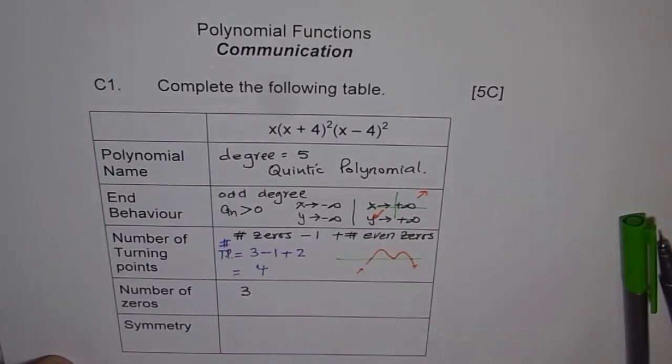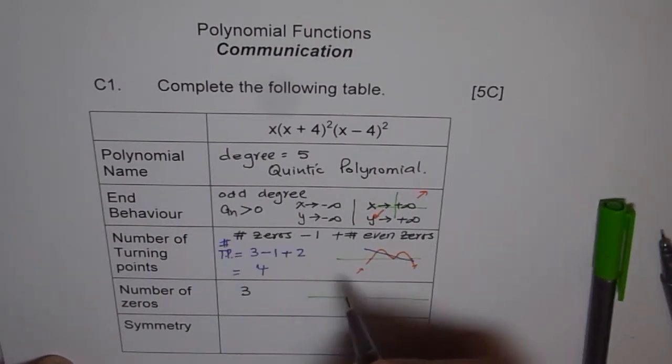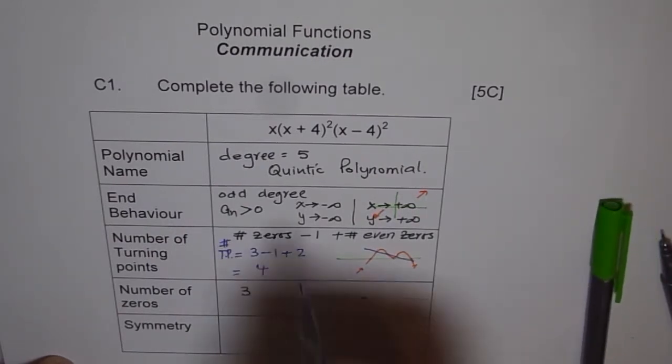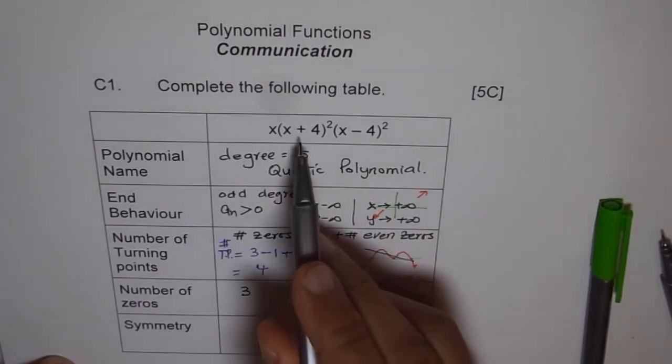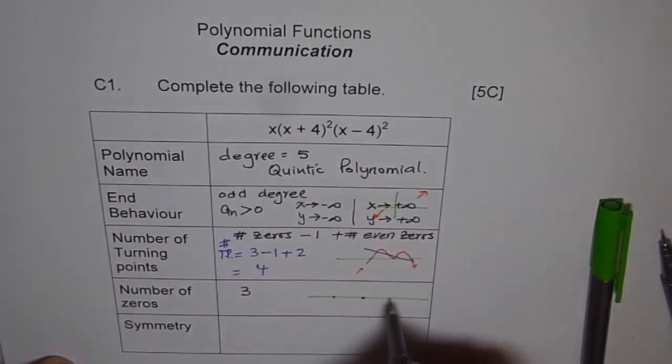So this is general, right? Let me cross this out so that there's no confusion. Let me sketch this here for you. So let's assume this is the 0 at x, and then we have zeros at minus 4 and plus 4, correct?